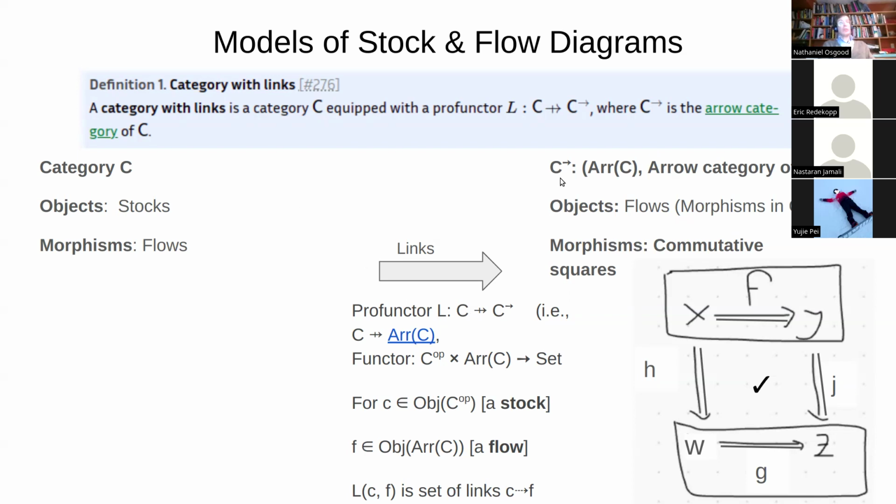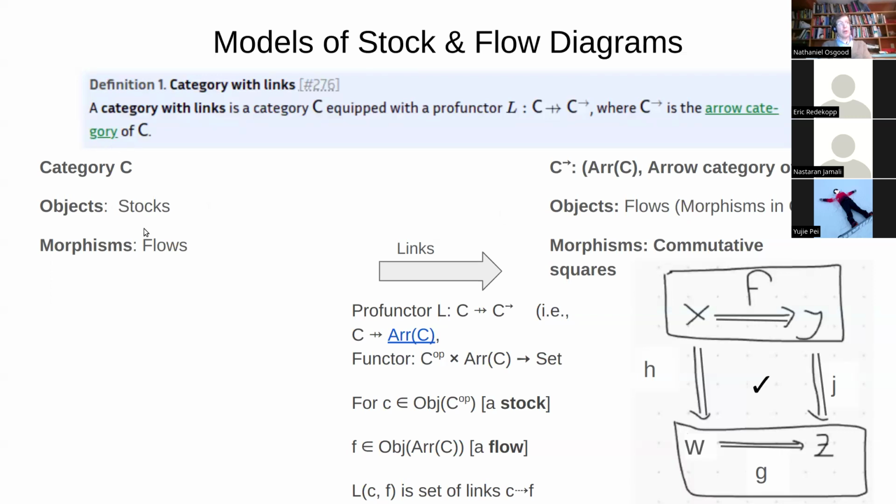Okay, so what's this arrow category? Well, you can look it up on nLab or what have you, but basically the arrow category of a category is a construction where the objects of the arrow category for a given category C are the morphisms in C, which happen to be flows here.